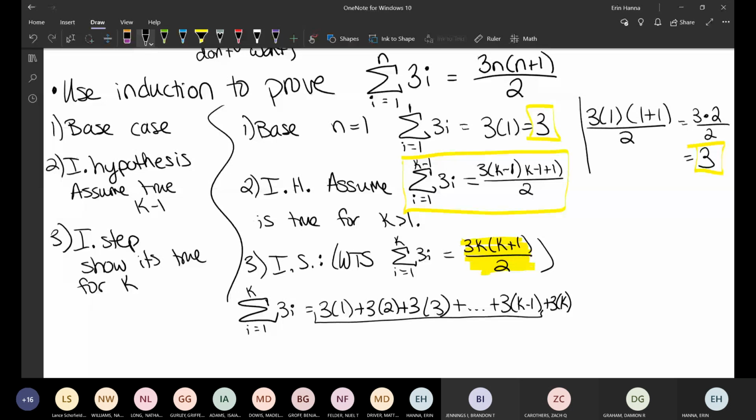So you can essentially break these sigmas up wherever you want. But the thing we're going to want to do is say that this is equivalent to the sum to the k-1 term plus that last term of 3 times k.